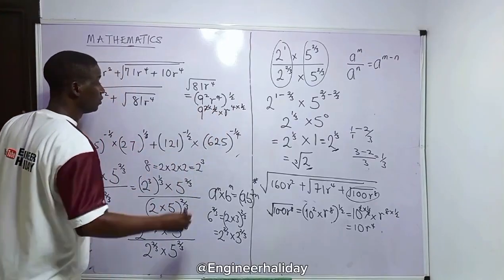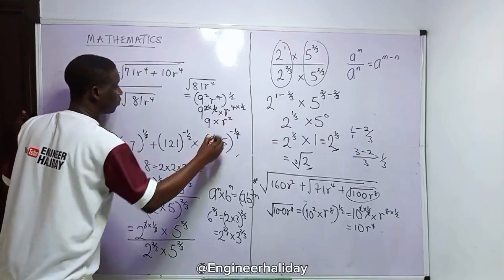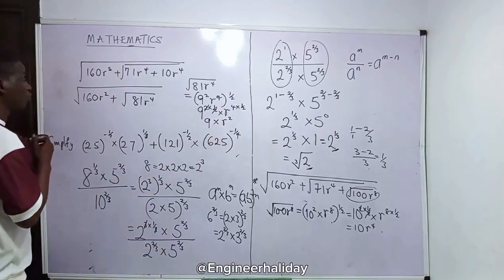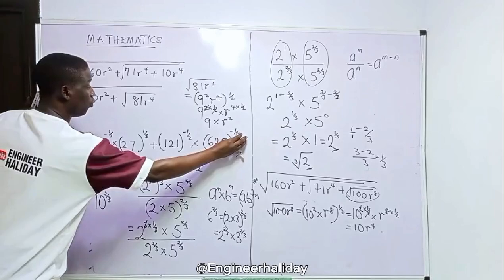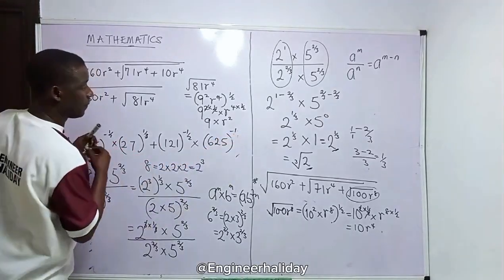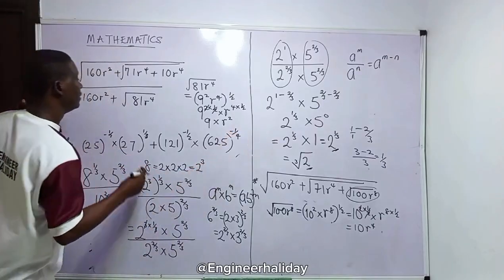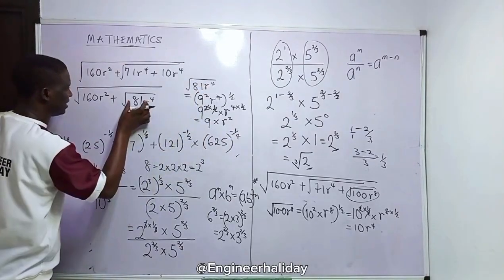We have 9 times r raised to power 2. So that means this is 9 r squared.